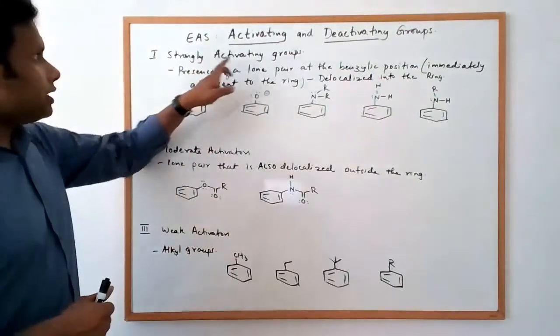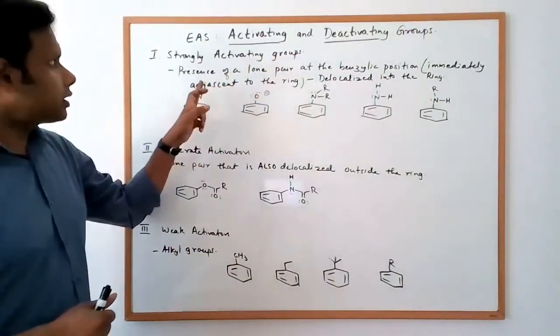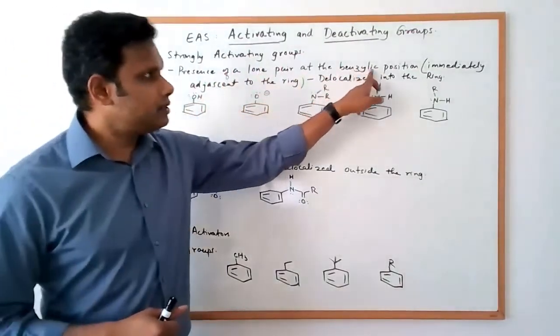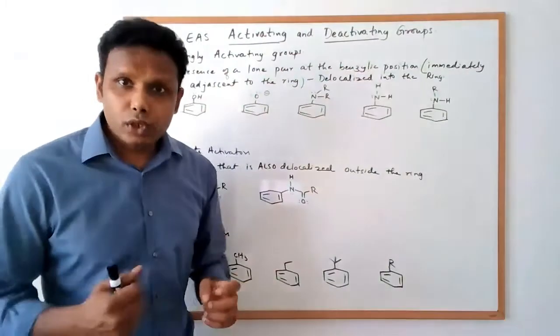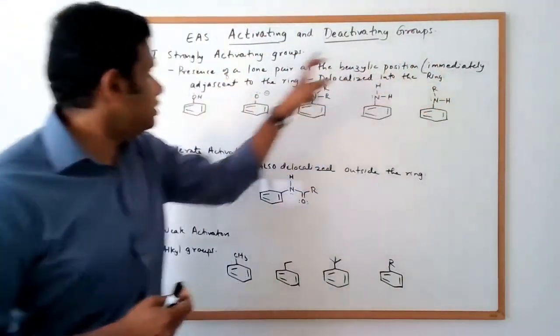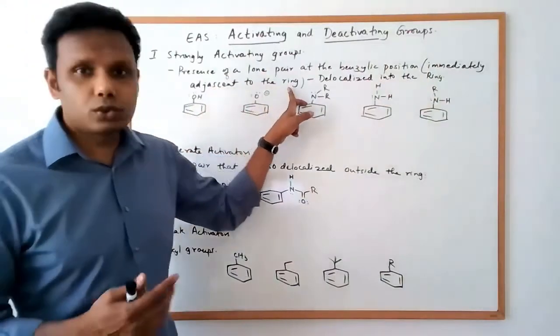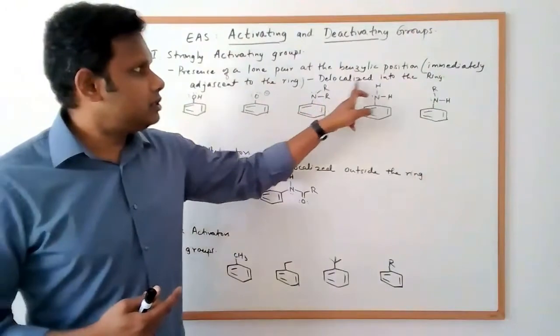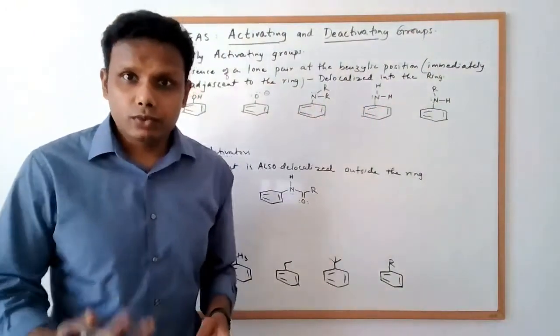So strongly activating groups are characterized by the presence of a lone pair at the benzylic position. Now, if you're not sure about what the benzylic position is, this is the position immediately adjacent to the ring. And this lone pair can be delocalized into the ring.